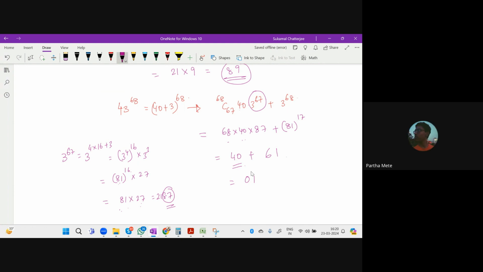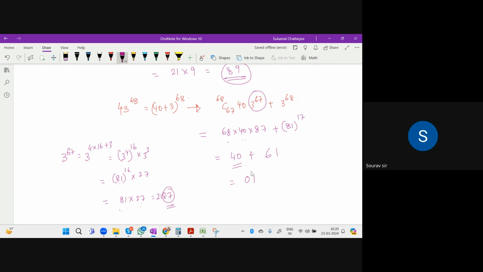Yes, sir. Okay. So I have not used any other concept, but I have just extrapolated the previous concept to get the answer from this. Clear? So what you have to do is consider the binomial expansion and take the last two terms.